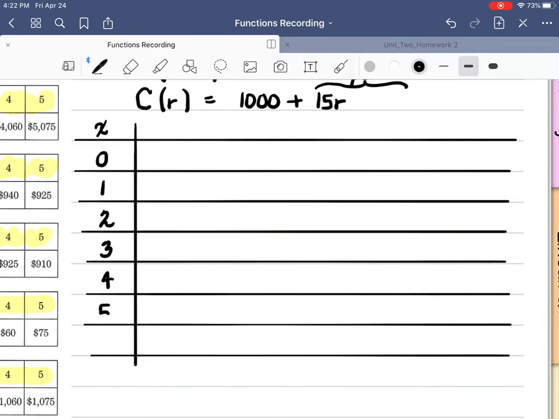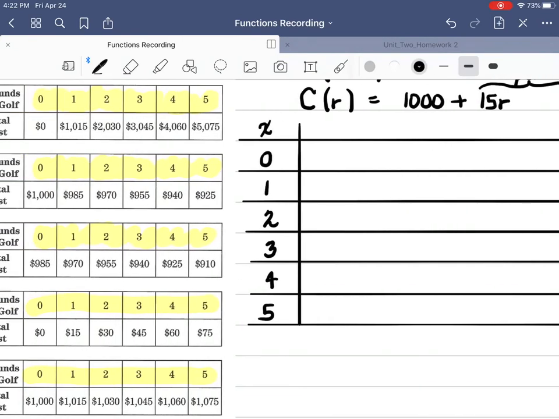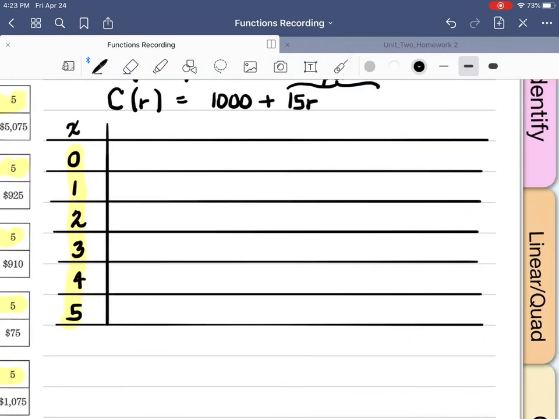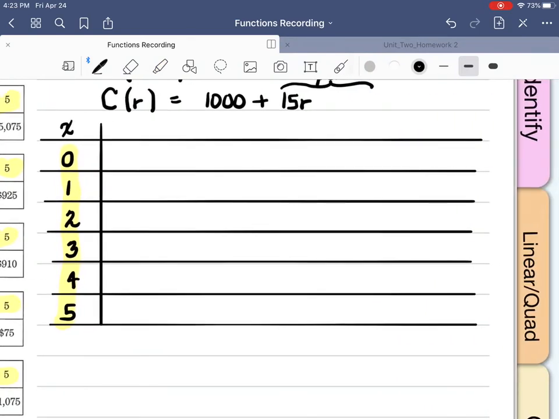And I came up with an extra line. You would not want to change your values here because that wouldn't help you pick the answer. If you made up completely different numbers, you wouldn't be able to compare them. So we need to use the same yellow values that they used. That's very important.